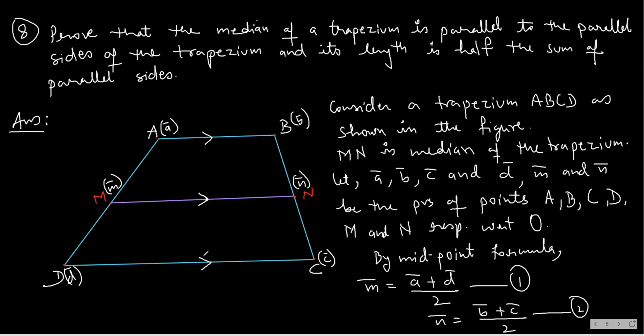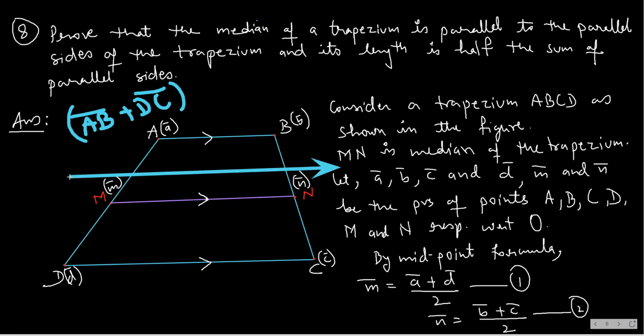So if they have the same direction, they are parallel to each other, their sum will definitely be once again in the same direction. What I'm trying to tell you is, if I'm adding these two vectors, AB bar and DC bar, the sum, AB bar plus DC bar, will definitely be in the same direction.